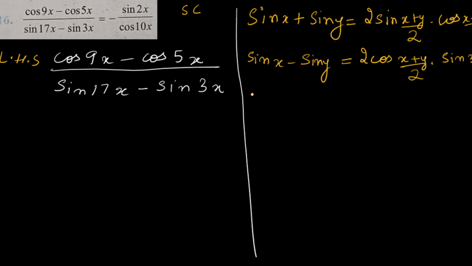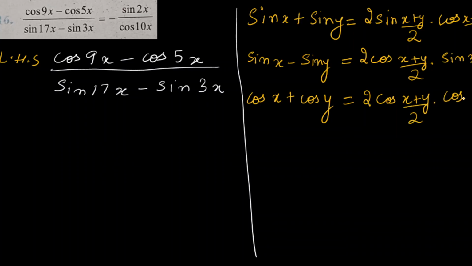So sine x minus sine y equals 2 cos (x plus y) by 2 into sine (x minus y) by 2. Now cos x plus cos y. Cos will always give us a combination of the same trigonometric function, cos only. So cos x plus cos y equals 2 cos (x plus y) by 2 into cos (x minus y) by 2.